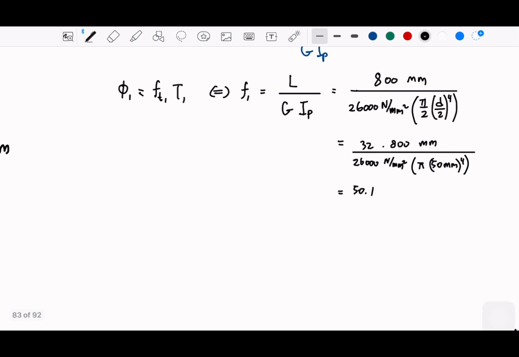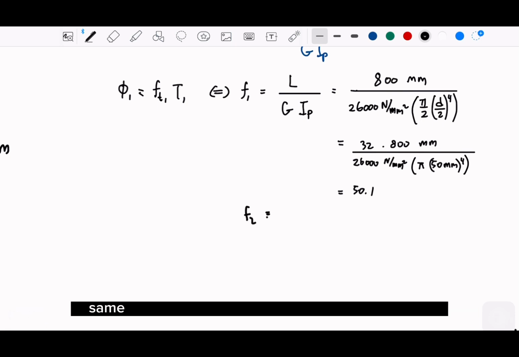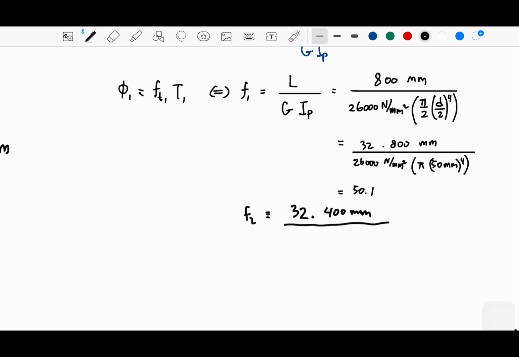And then writing the F2, same, and the difference is the length is 400 millimeter, divided by the same G, and inertia.